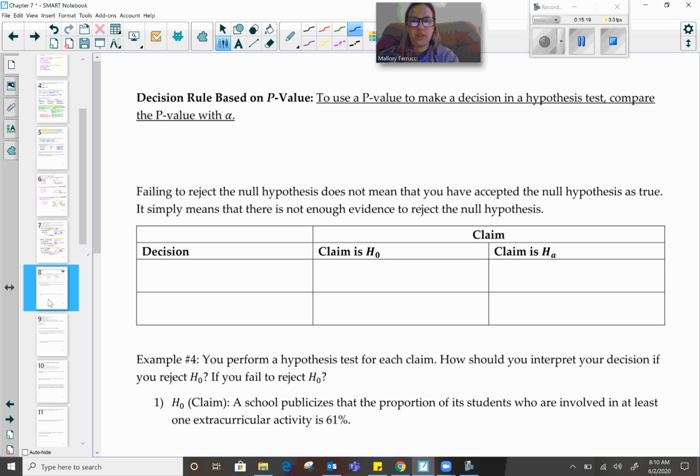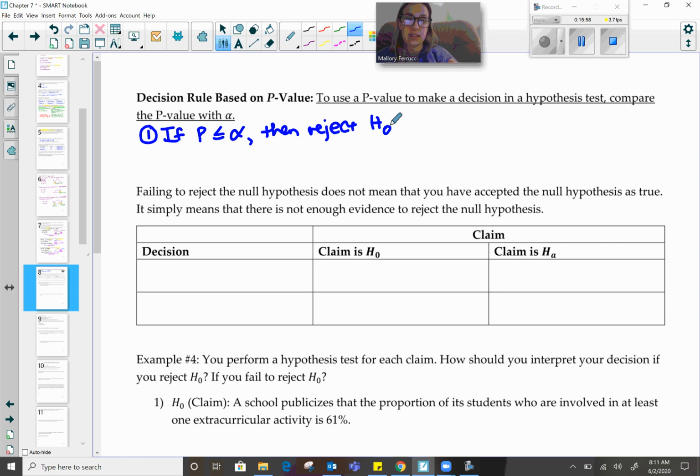So the decision rule based on the p-value. Now, to use a p-value to make a decision in a hypothesis test, compare the p-value with alpha, which is your level of significance. So the two things that you have to make note of here is that if the p-value is less than or equal to alpha, then you are going to reject the null hypothesis, which makes sense, right?